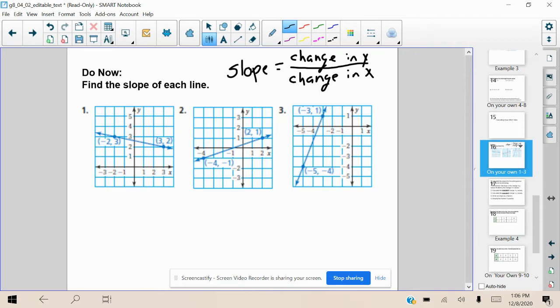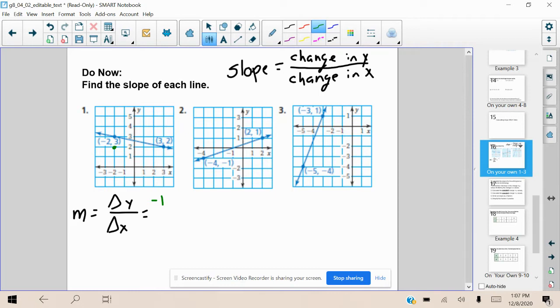So if we're looking at problem number 1, I'm going to put m, because m actually stands for slope, is equal to the delta y, our change in y, over the change in x. Well, let's see how many units we go up or down. I notice we go down only 1 unit, and I'm going down, so it's negative.